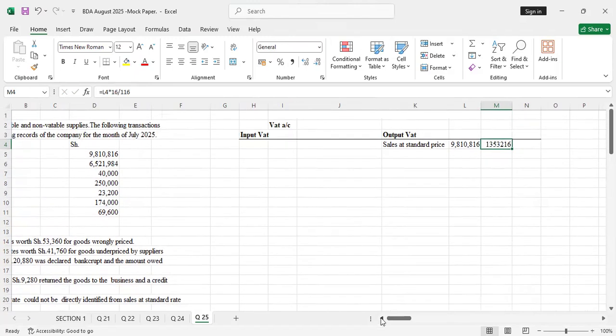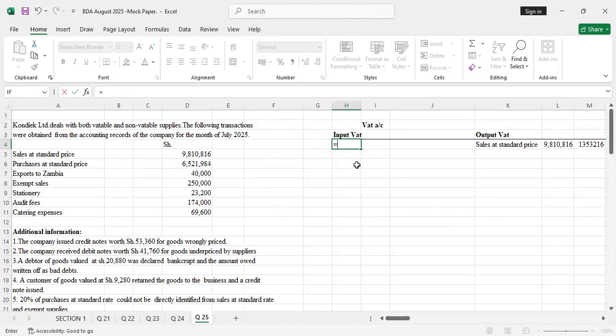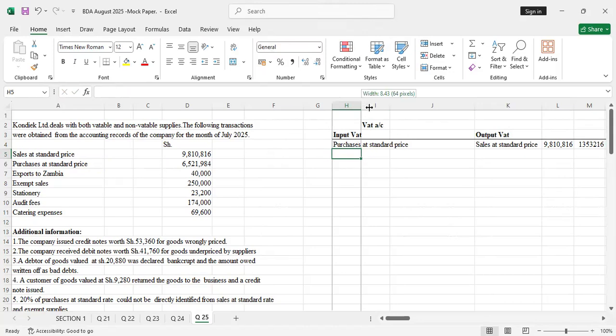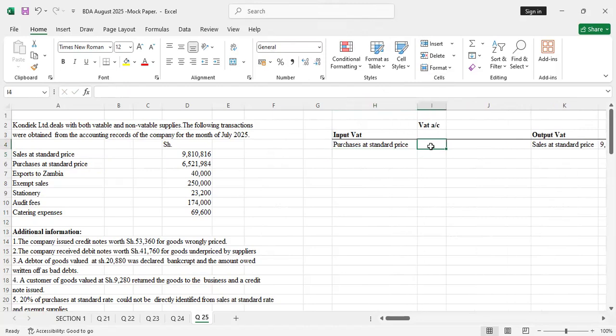Then we continue. The next item is purchases at standard price. So purchases are input VAT. So we'll have the details there. Purchases at standard price, and allow me to increase the size of that column. Then you put the amount there.